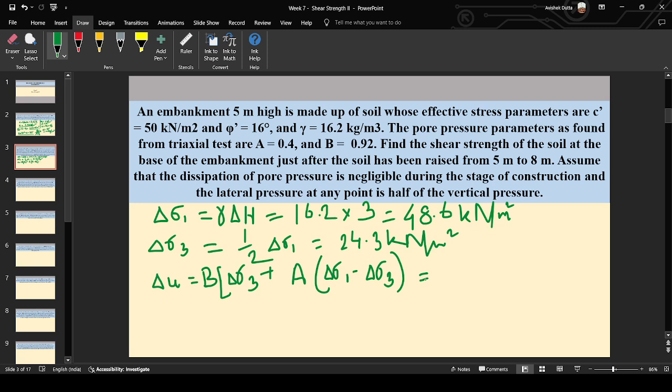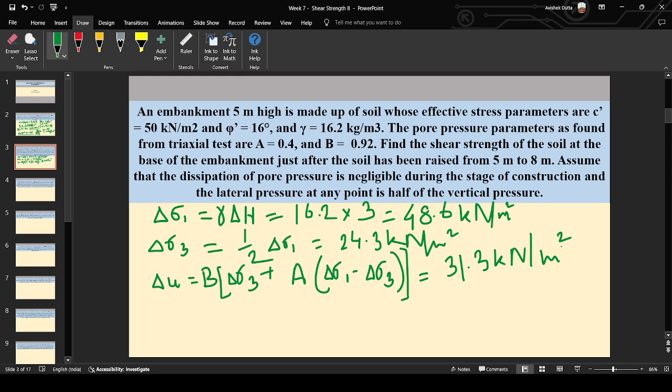Putting all the values, we get approximately del U equal to 31.3 kilonewton per meter square.